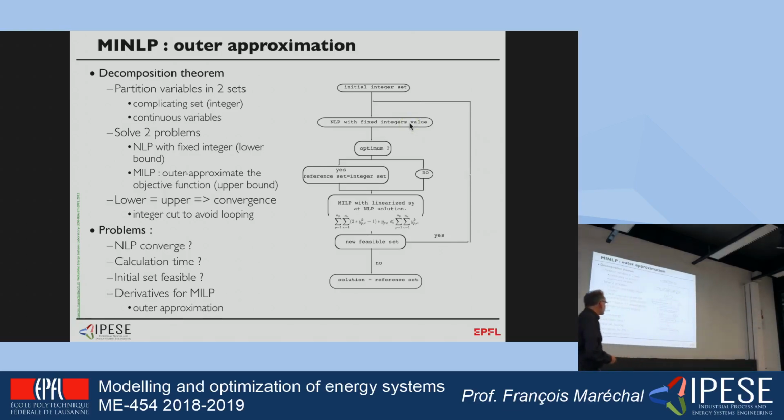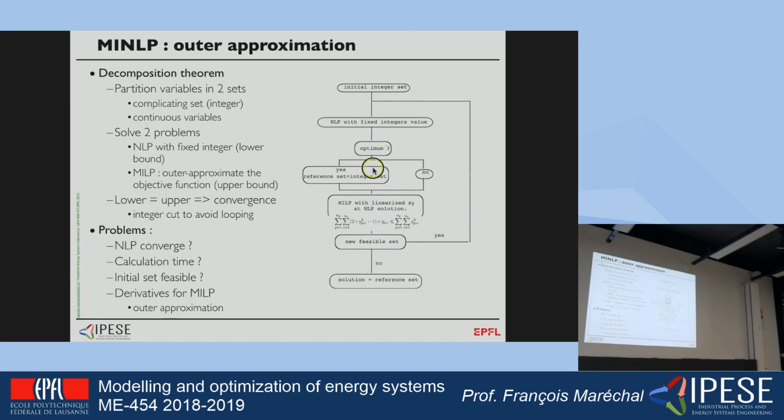So let's solve the mixed integer linear programming problem by adding the integer cut constraint, which is going to give me the next best integer set. And I will be sure that the next solution will concern a different set from the previous one. With this new set, I go back and solve the nonlinear programming problem and then continue.